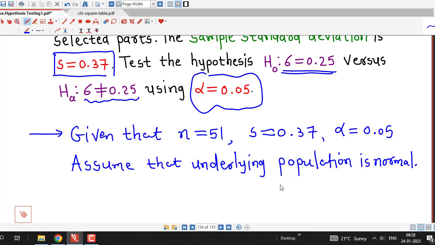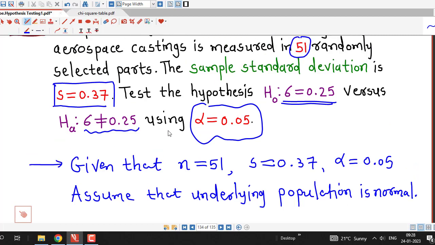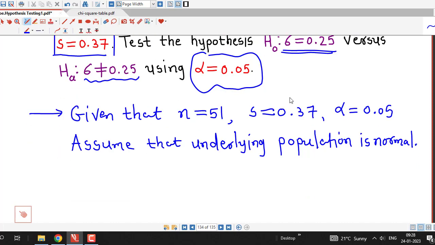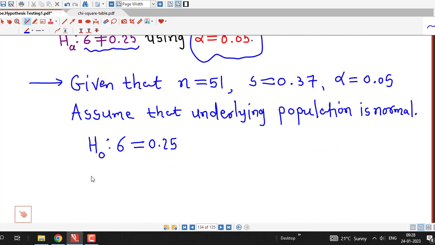This is required to use chi-square distribution, and they have already given the null and alternative hypotheses. We have to test this null hypothesis H0, which is population standard deviation equal to 0.25, against the alternative hypothesis that population standard deviation is different from 0.25.